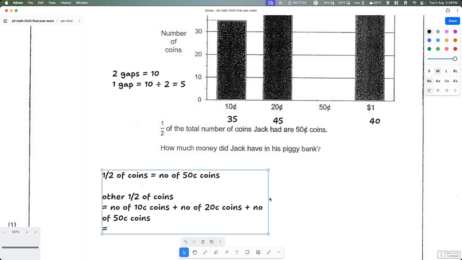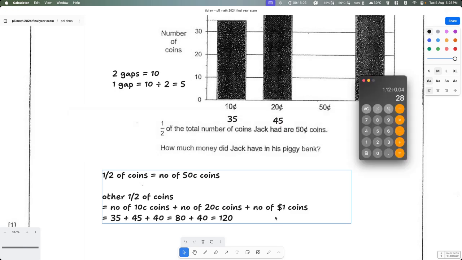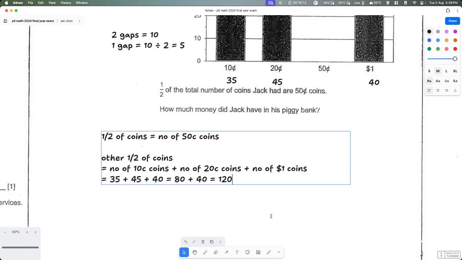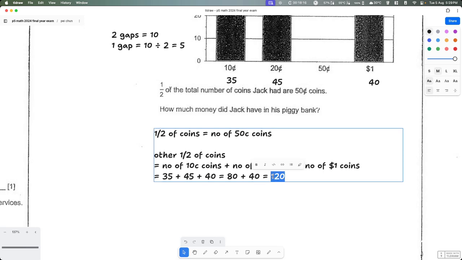That is basically 35 plus 45 plus 40, which is 80 plus 40, which is 120. Let me double check with the calculator: 35 plus 45 plus 40 is 120. So we have 120 coins.